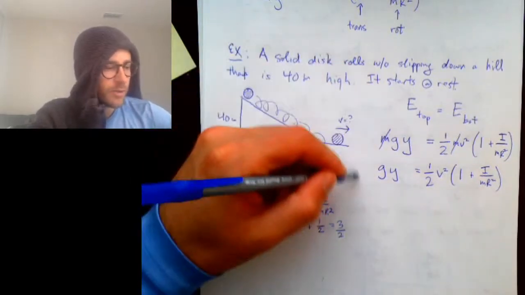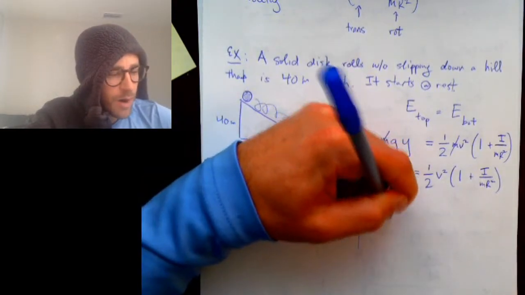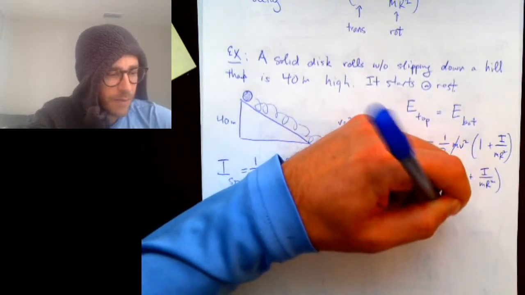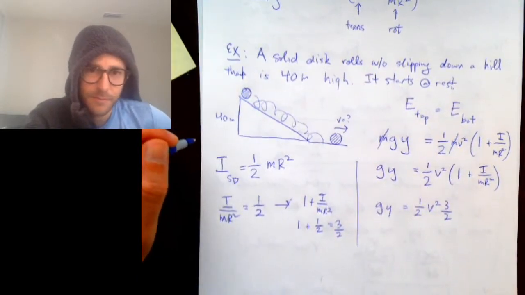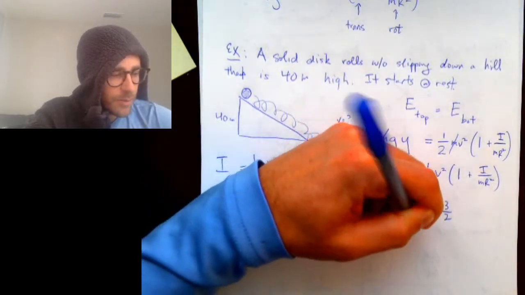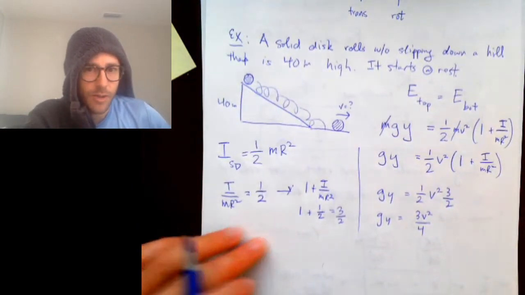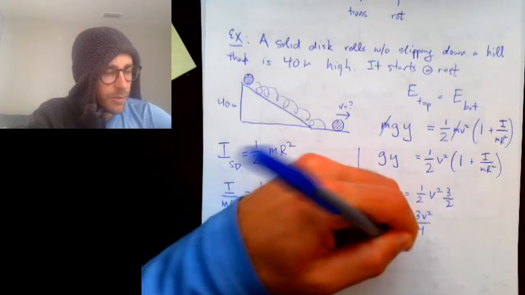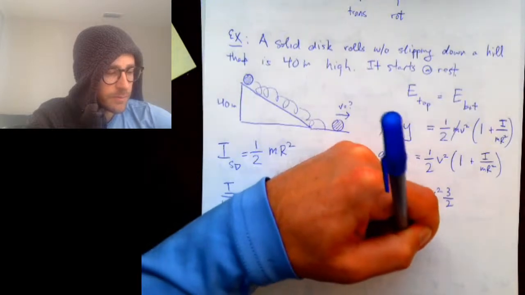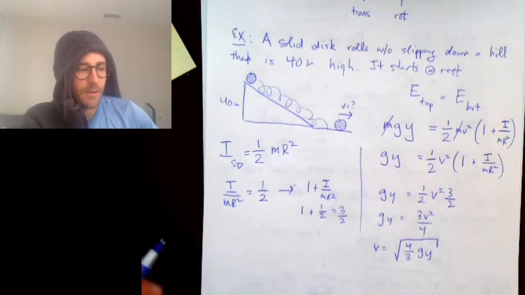Okay, so going to the next line here, I have gy equals 1/2 v squared times 3/2. So that says gy equals 3v squared over 4, which says that v equals the square root of, when I multiply that over, I get 4/3 gy.